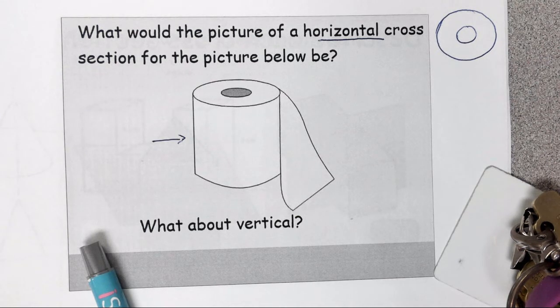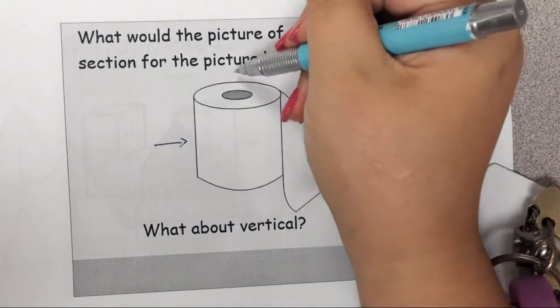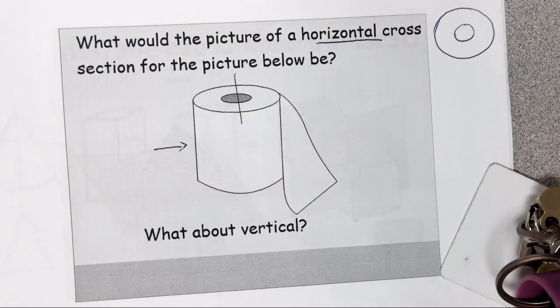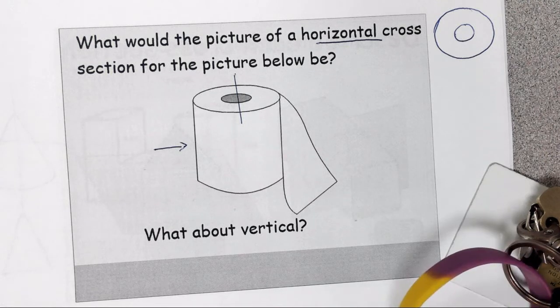All right. What about if I were to cut it vertically? What if I cut through right there? Be careful. If I cut this straight down and stamped, I would see 2 rectangles.